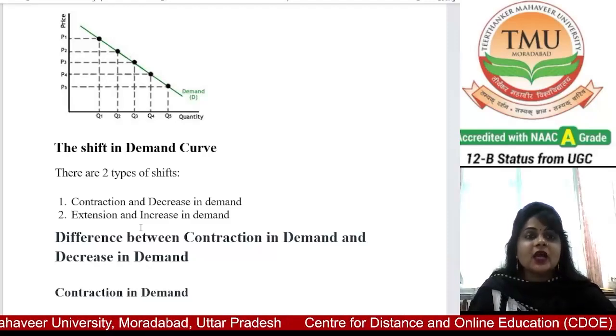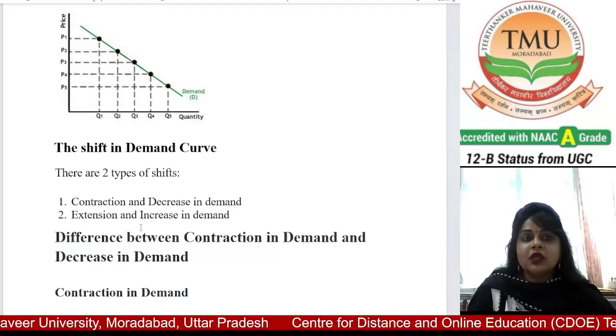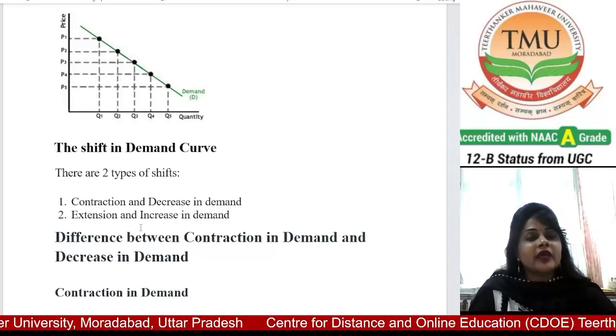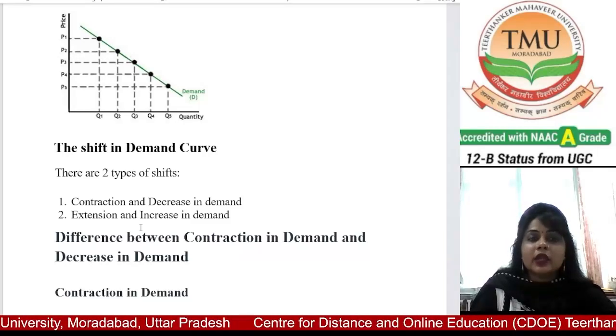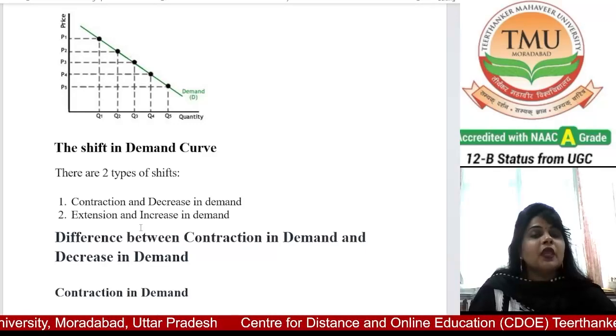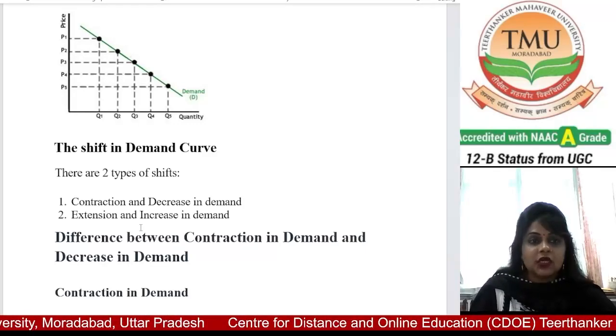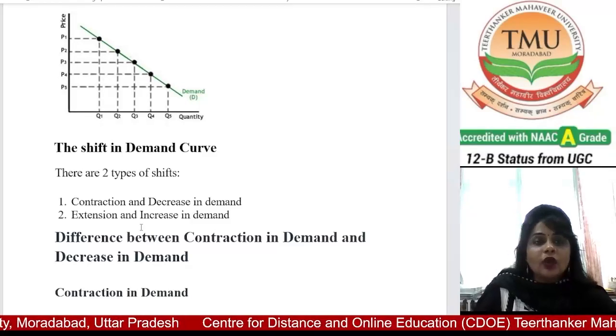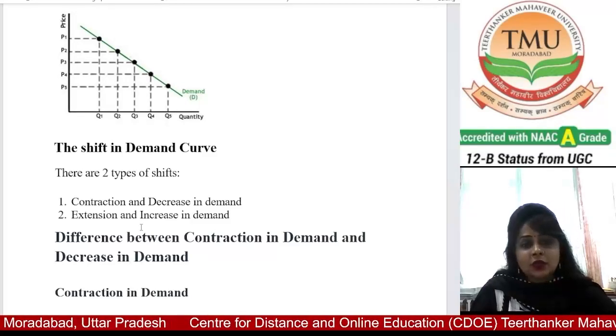Just like that, what is the expansion of demand? Meaning of expansion of demand: when the quantity demanded rises due to a decrease in the price, keeping other factors constant, it is known as expansion in demand. There is a downward movement along the same demand curve.